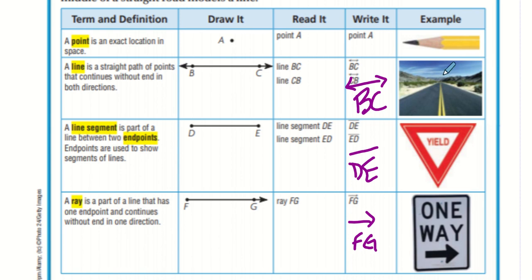A yield sign is in the shape of a triangle, so it stops and starts at these endpoints. A ray you might see as like a one-way street where you continue on in one direction forever, but you can't drive down it the other way. Okay, it's one-way only. So remember, point, line, line segment, ray.